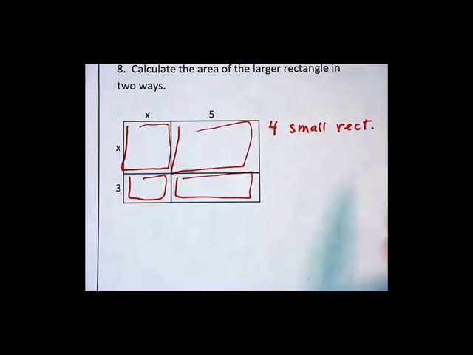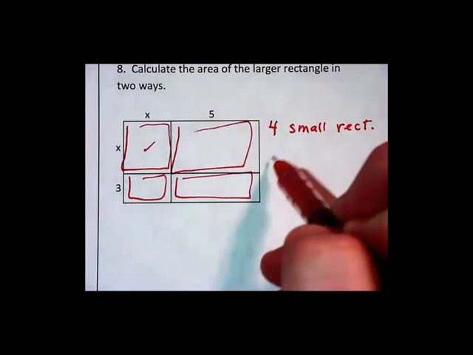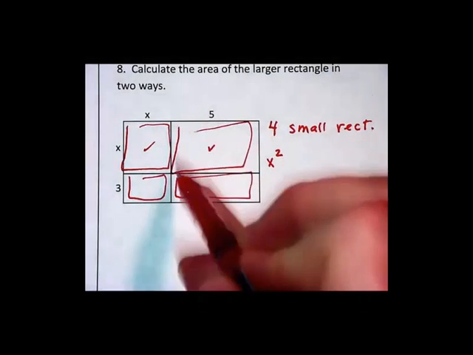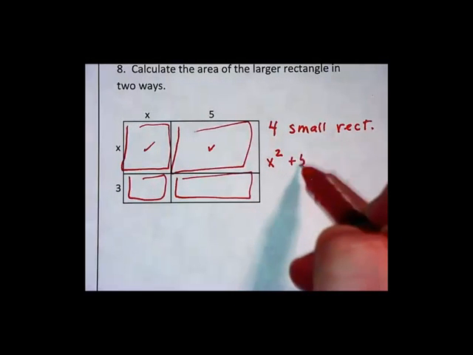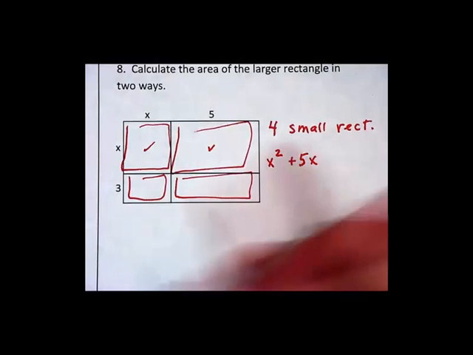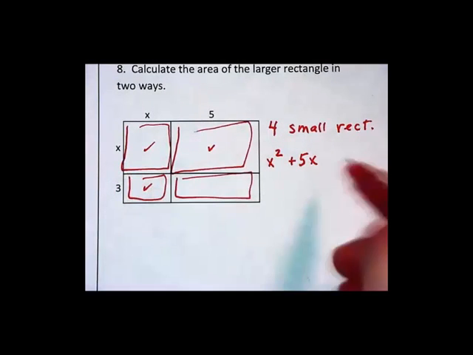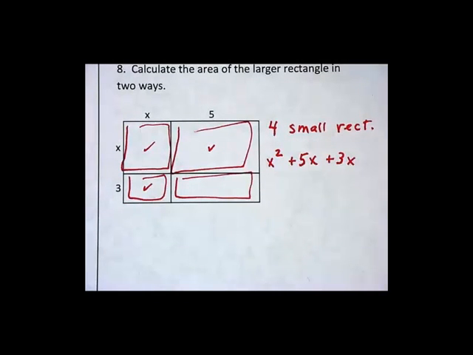Basically, we're going to have the first rectangle, x times x, giving us x squared. To the right, it's x units tall, 5 units wide. Length times width gives us plus 5x. Down here in the bottom left, it's 3 units tall, x units wide. That's plus 3x. And the bottom right one here is 3 times 5, plus 15.